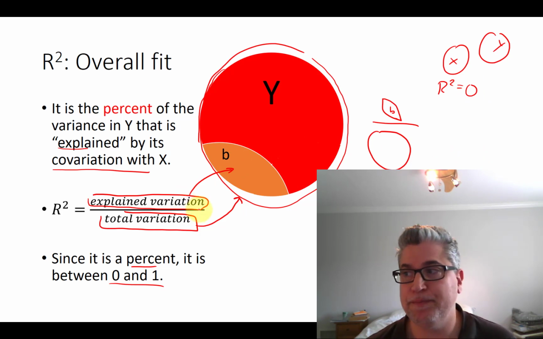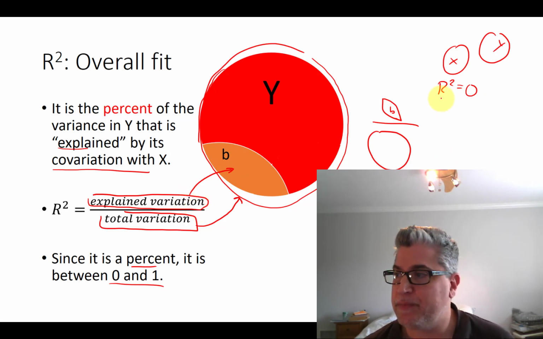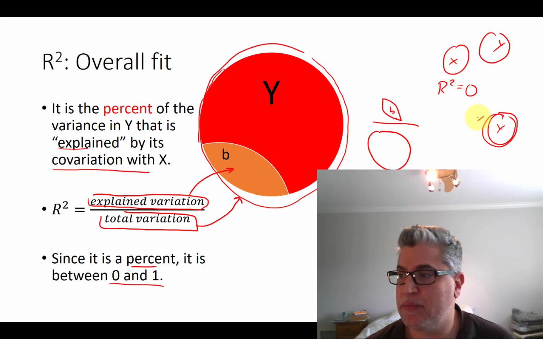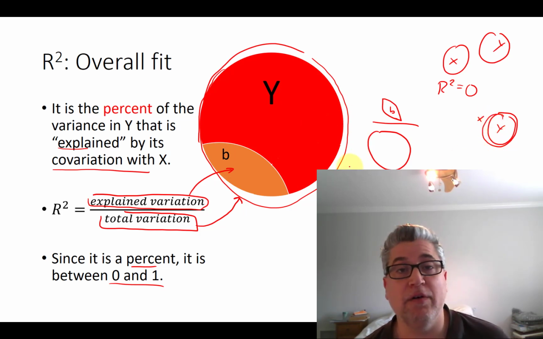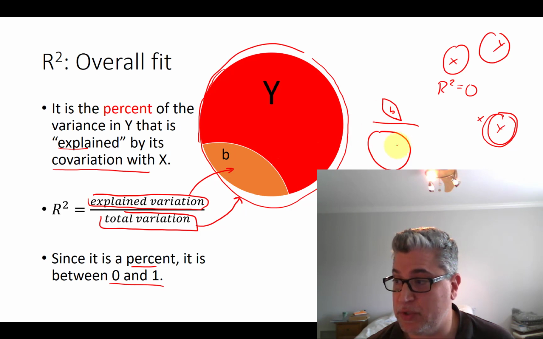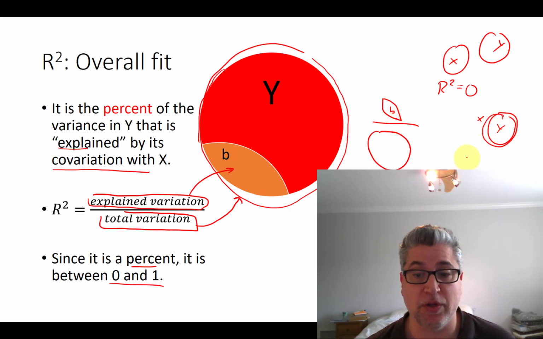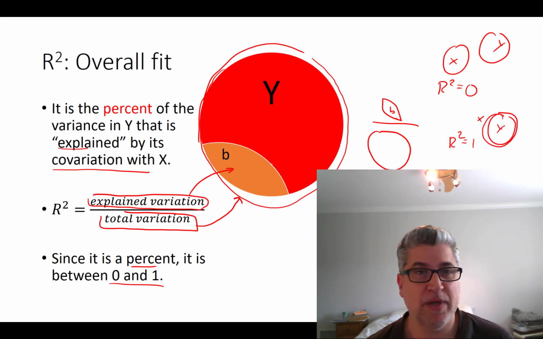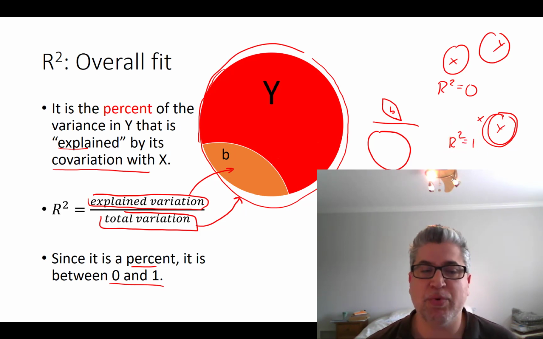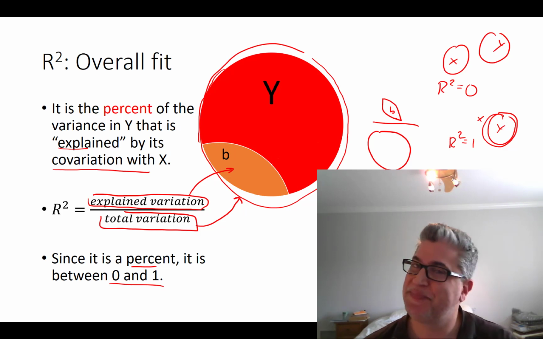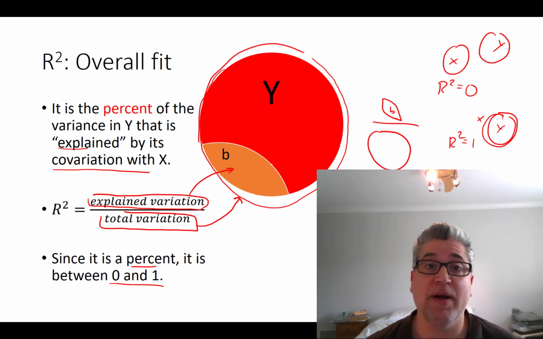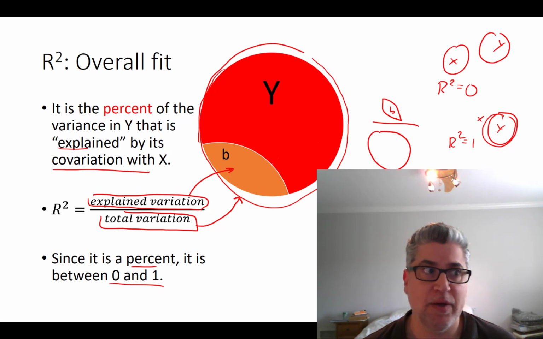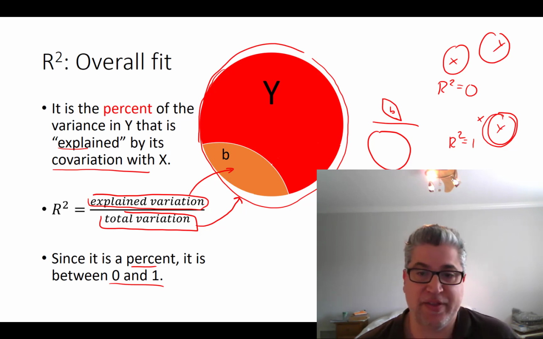There'd be no overlap. On the other hand, if we had y and x was completely over it, well, then the entire area of overlap is equal to the original circle, in which case r squared would be equal to 1. In other words, if changes in square footage told us everything about changes in price, then we wouldn't need to know location or baths or anything like that.